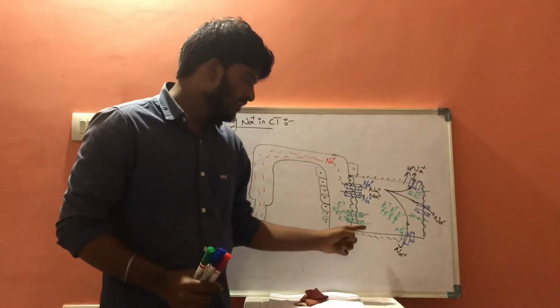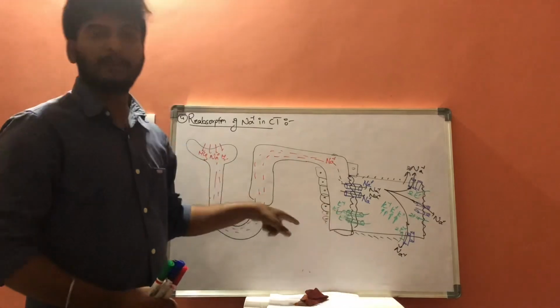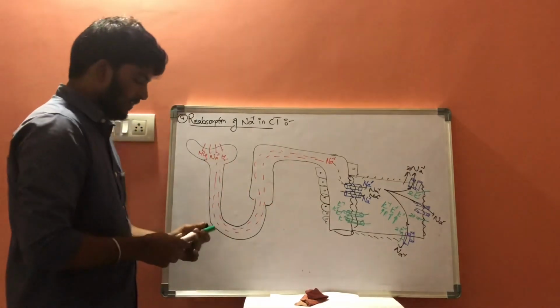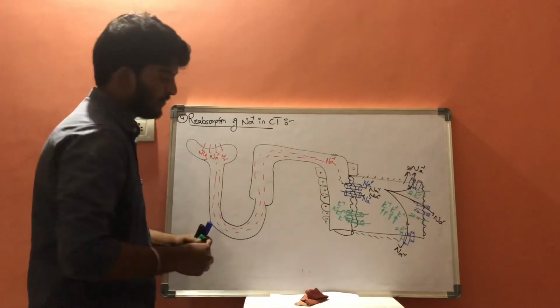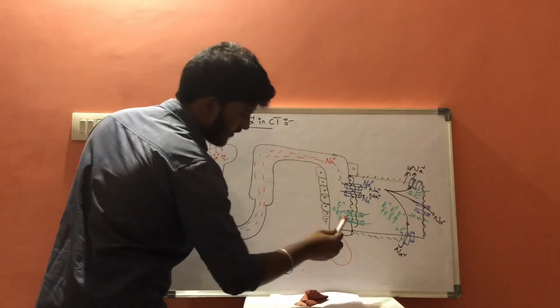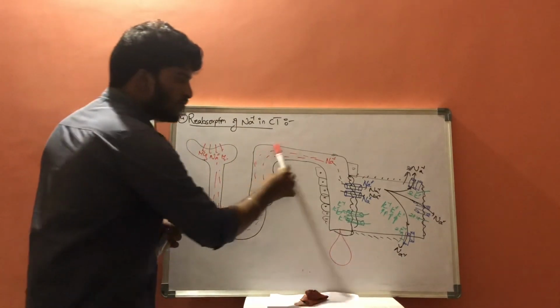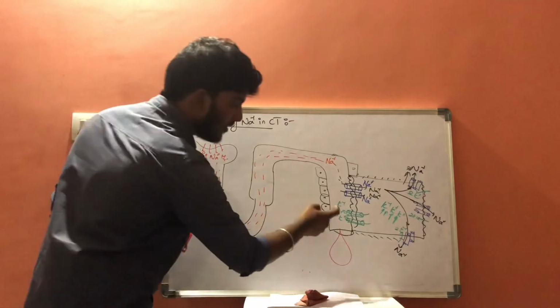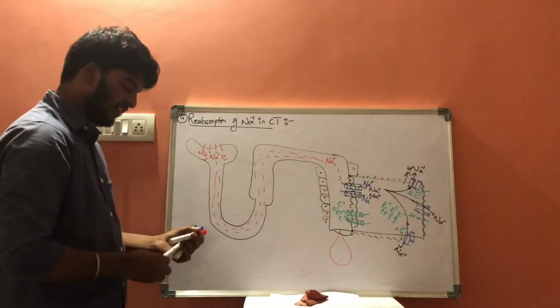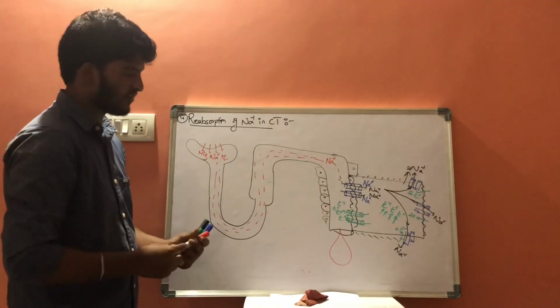As a result, the potassium ions will move outside, and urine will be formed. Whatever urine is formed will consist of sodium ions as well as potassium ions. So it is a condition called kaliuresis.